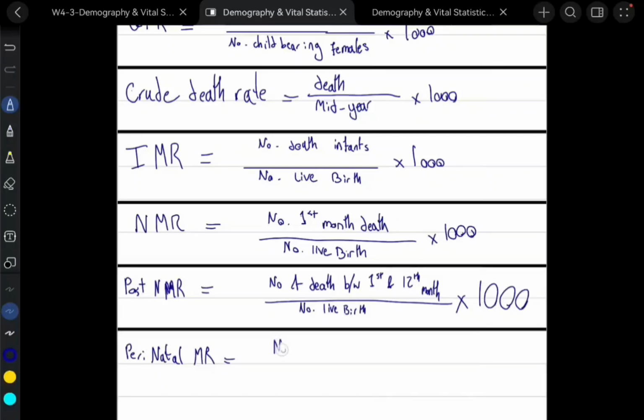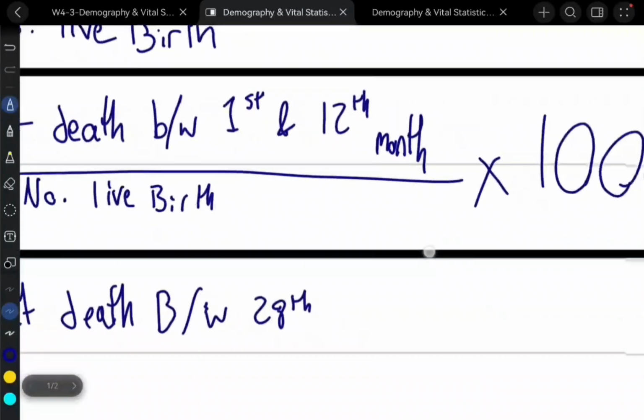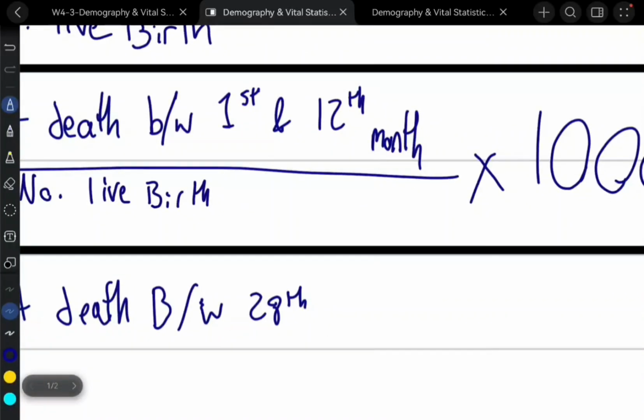It's number of deaths between the 28th week of pregnancy and the first week of birth. I'm gonna use a lot of abbreviations here.